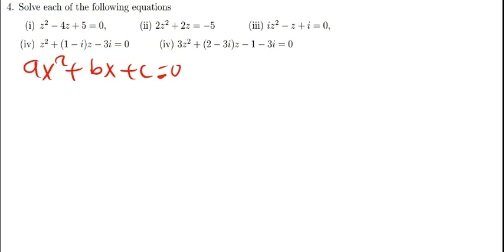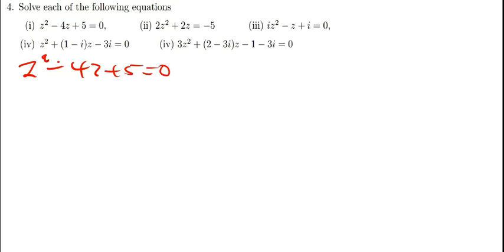The question is z squared minus 4z plus 5 is equal to 0. This cannot be factorized. Why? Because we're talking about quadratic equations of complex numbers.